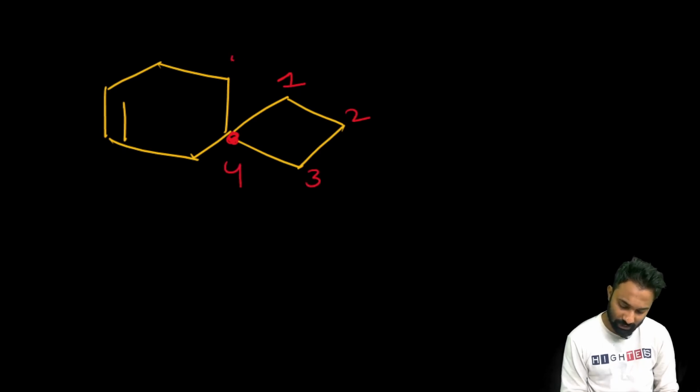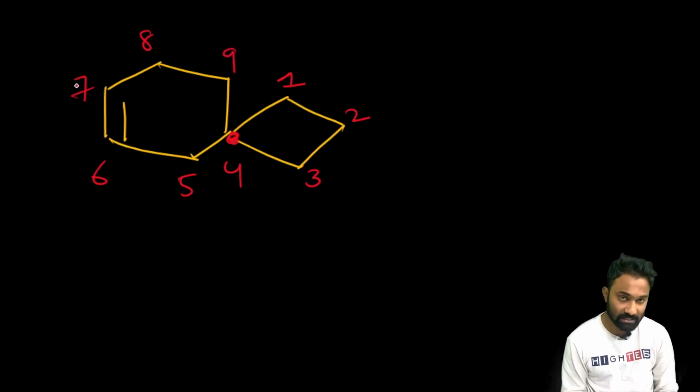Then if you start the numbering from here 5, 6, 7, 8 and 9. Here the double bonded carbon is getting 7 and 8, right? Then suppose you choose the numbering in this manner, here 5, here 6, here it is 7, here it is 8, and it is 9.